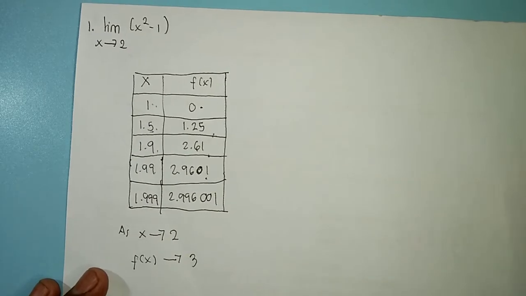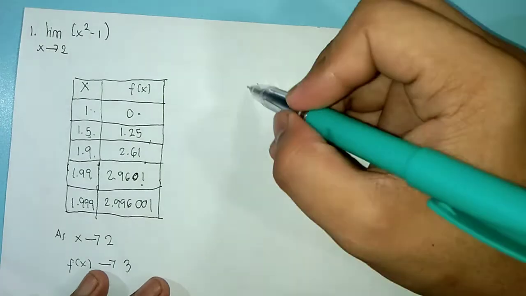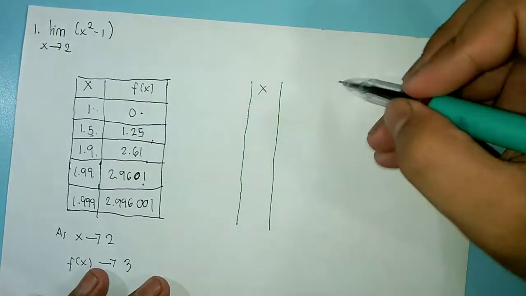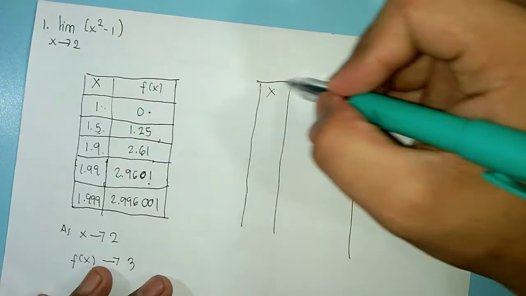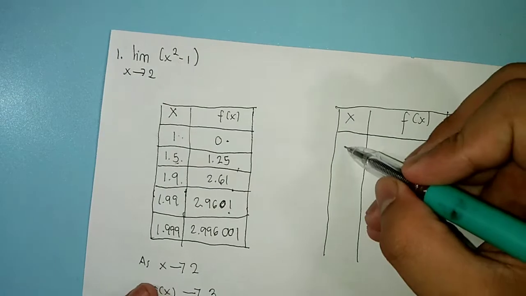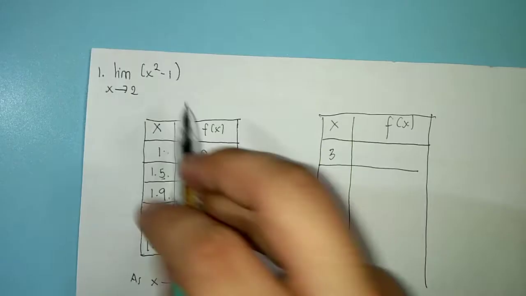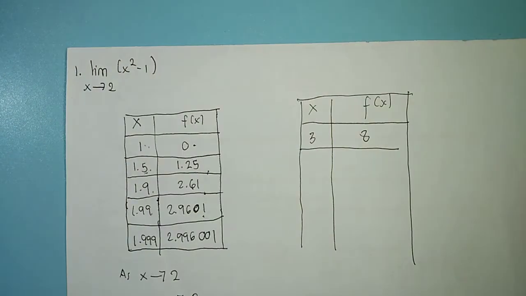Now let's try the right side of 2, the other side. We looked at the left side only, so now let's look at the right side. Let's start with 3. Substitute here: 9 minus 1, that is 8.